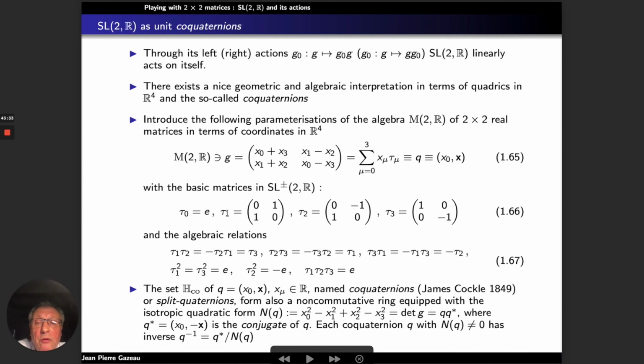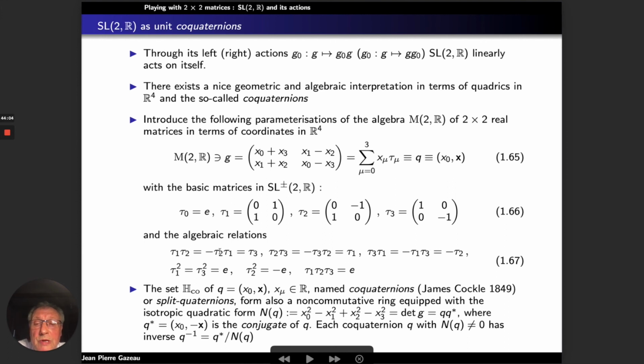And here I introduce the three matrices T1, that means this one, 0, 1, 1, 0, T2, 0 on the diagonal and minus 1 and 1 on the anti-diagonal, and T3 with 1, minus 1 on the diagonal. And the algebraic relations, I recommend you check those relations.